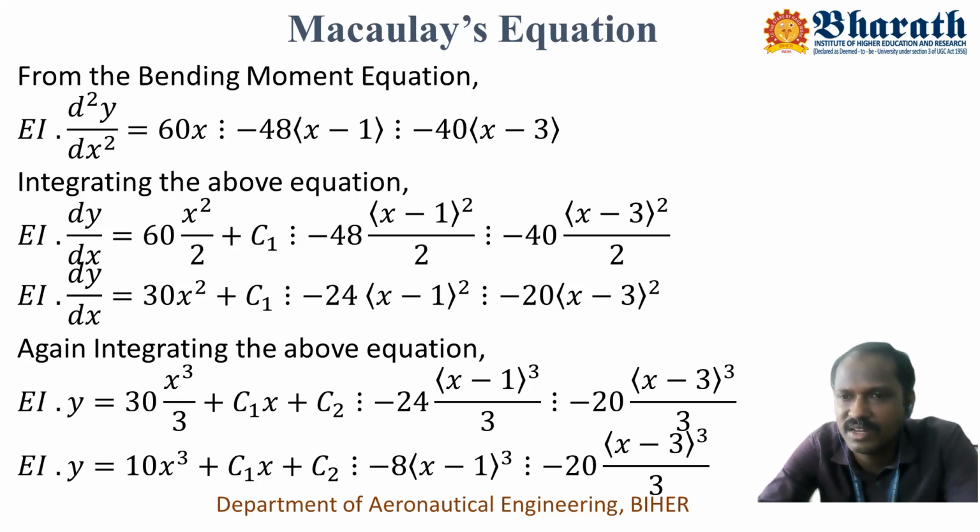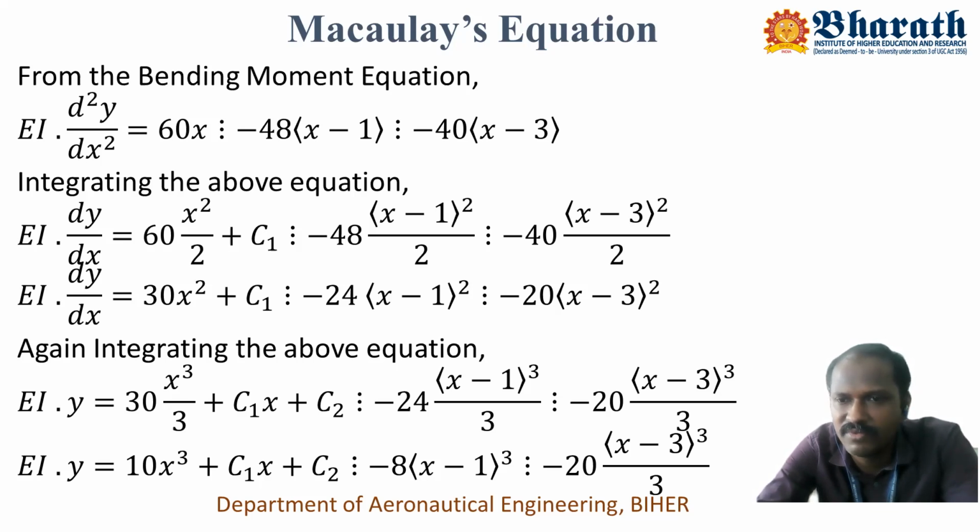So again, if you integrate the slope equation, we are going to get the deflection equation, which is nothing but EI into y equal to 30x cubed by 3 plus C1 into x plus C2. This is the first term. And the second term will become minus 24 (x minus 1) whole cube divided by 3. And the third term will be minus 20 (x minus 3) whole cube divided by 3.